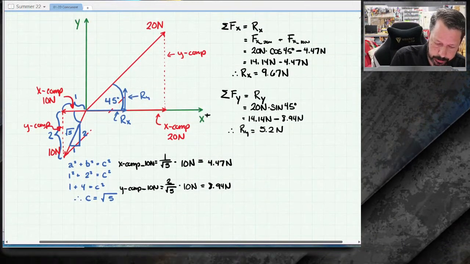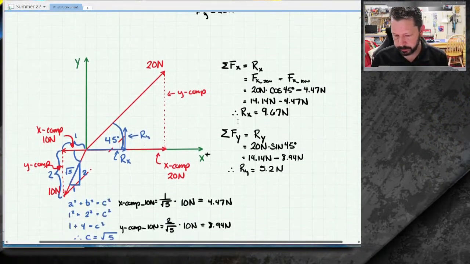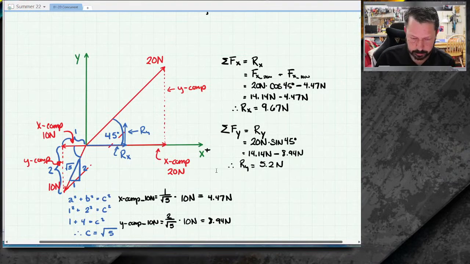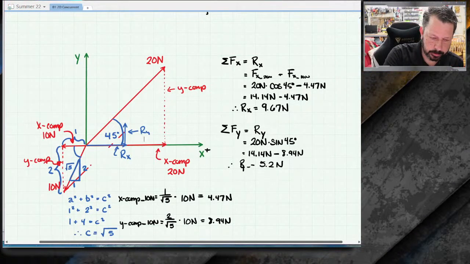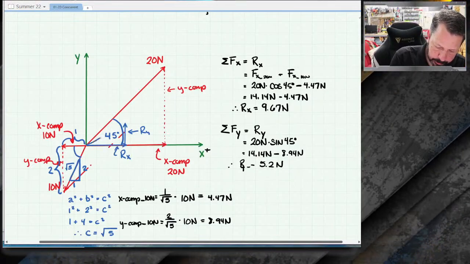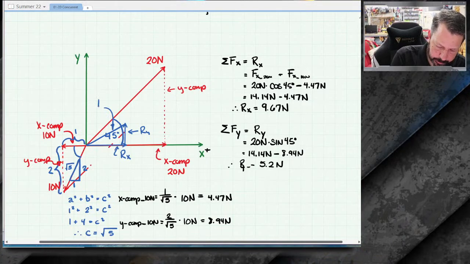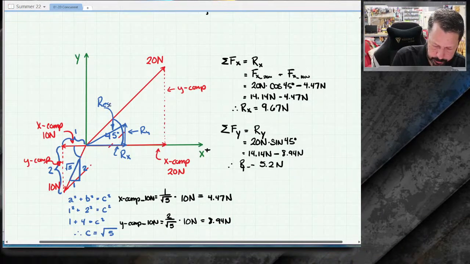If I know the x and y component of it, that one is the resultant.